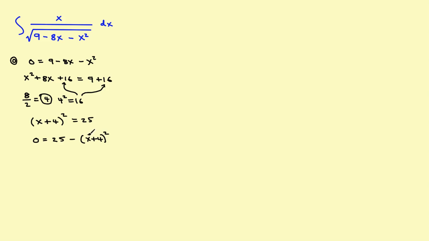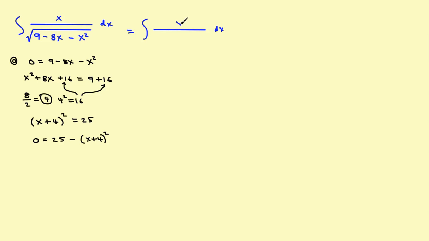So you've completed the square, and that will allow you to rewrite the problem. So let's go ahead and do that. And we'll rewrite this thing as the following. It'll be equal to the integral of, and we'll start right here. Here's dx.